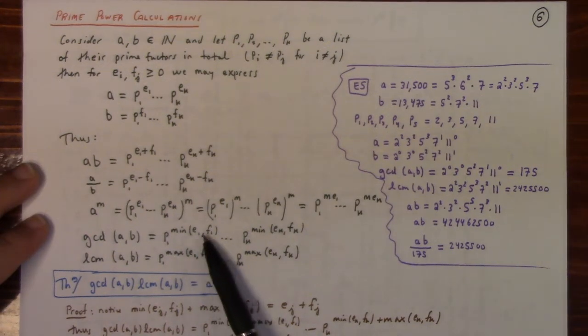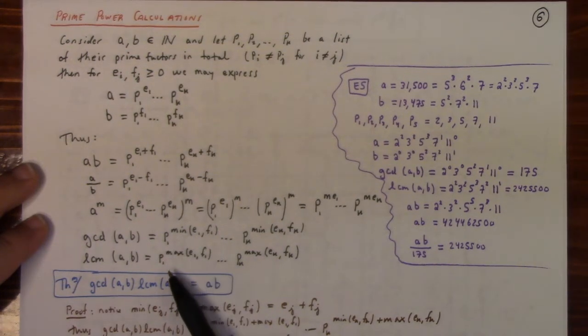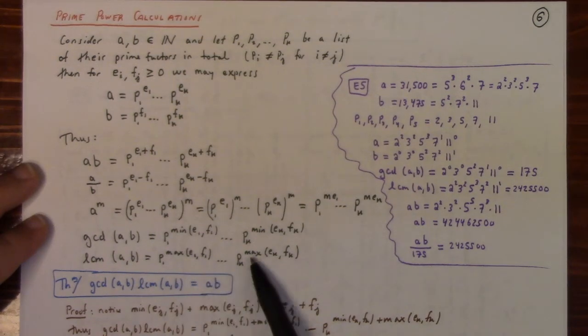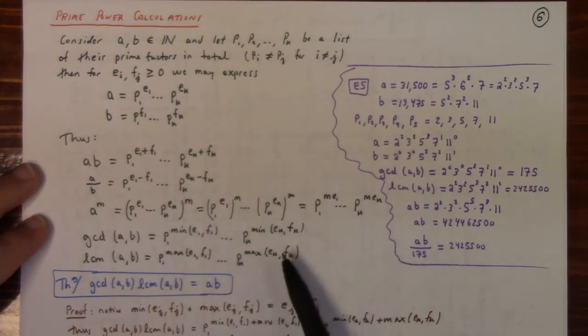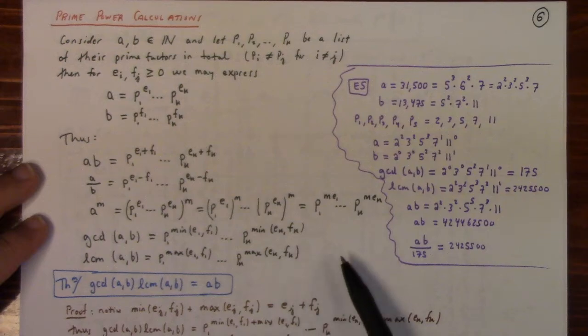So if there's 0 for either one, then it doesn't get included. And for the least common multiple, on the other hand, you take the max of the exponents for each prime factor. I think it'll make more sense if we just look at the example.